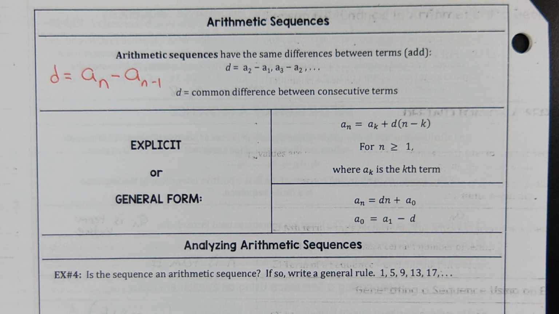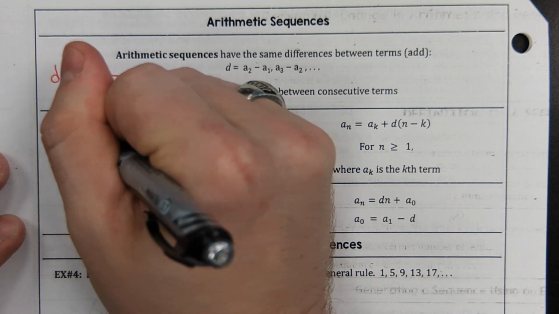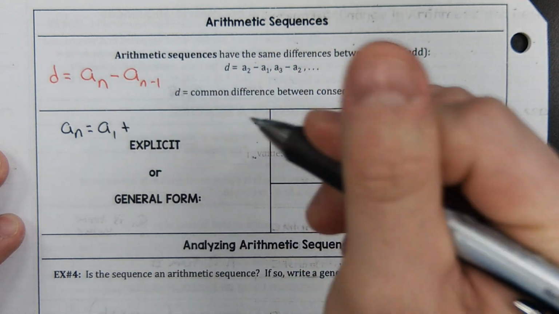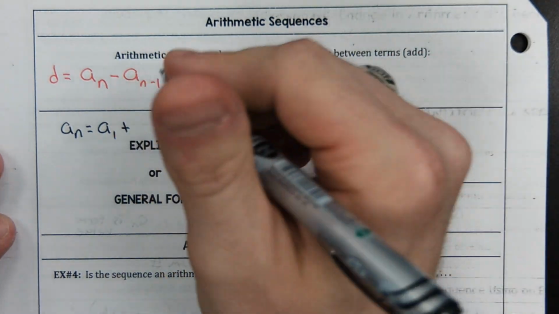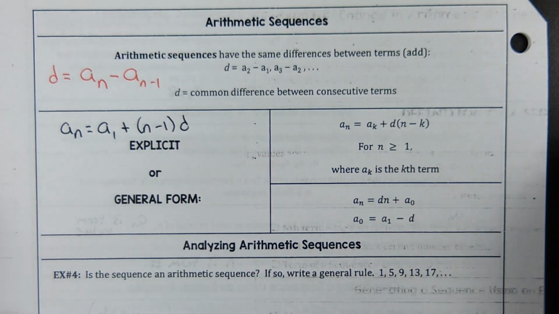Yes? Great. So let's write the explicit, also known as the general term, also known as the explicit or general form. A sub n is a sub 1 plus, I don't like the way they've written it here. I like n minus 1 times d.